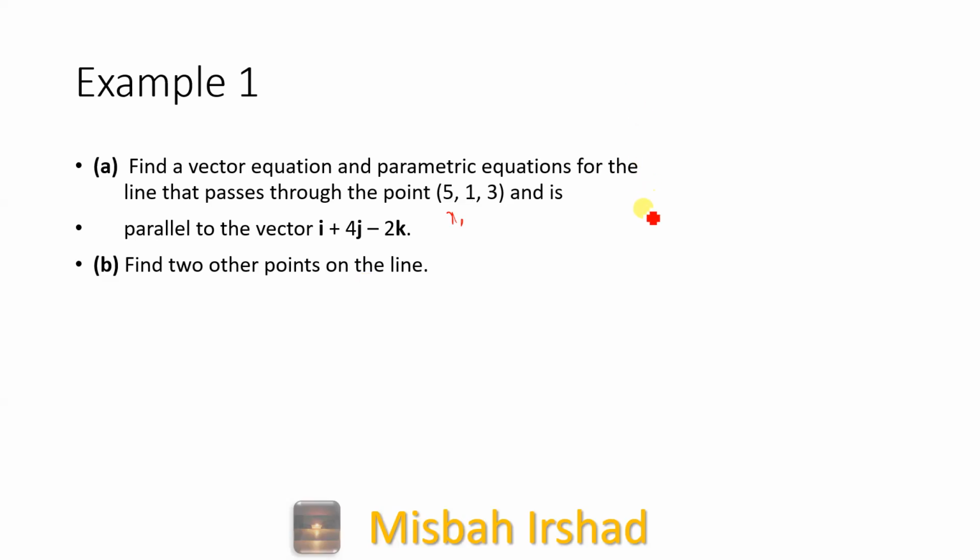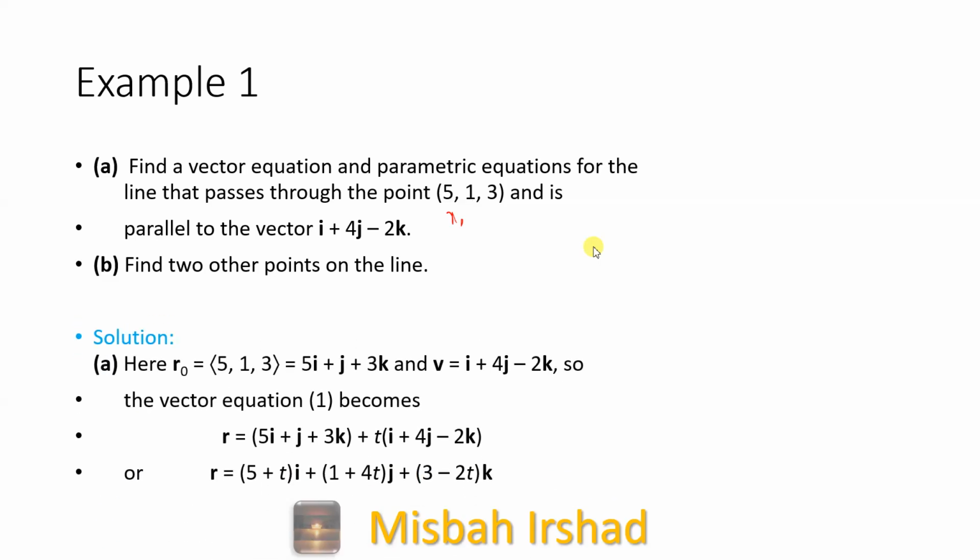So first of all, find the vector equation. The vector equation, we know, is r is equal to r naught plus t times v.